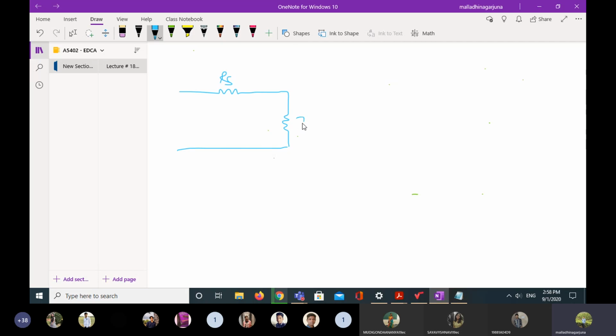This is RS, this is ZI, this is VS, and this is IS. Already we calculated everything up to this portion, so in place of the remaining circuit, we just replace it with ZI simply.